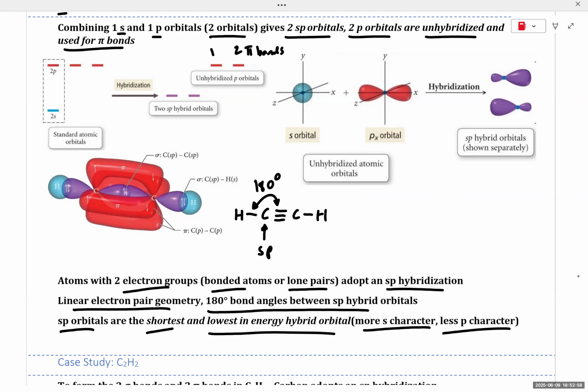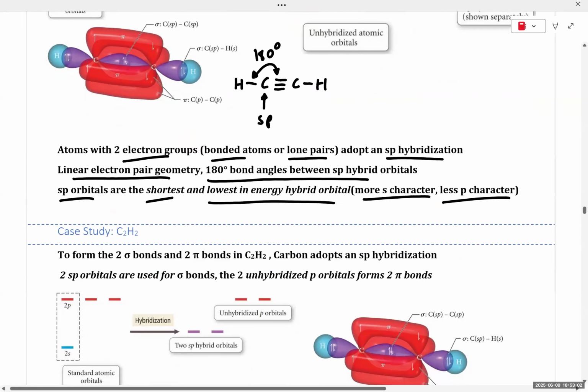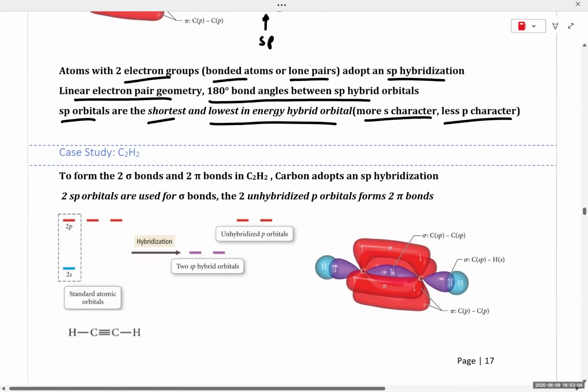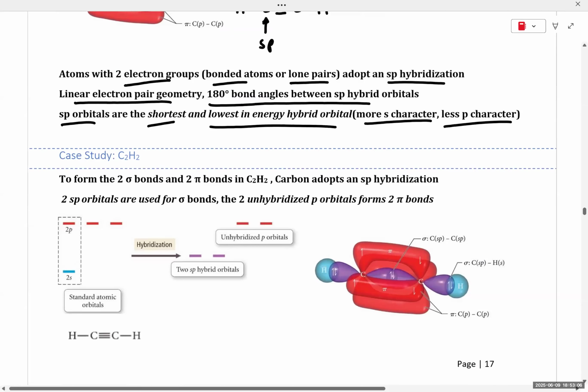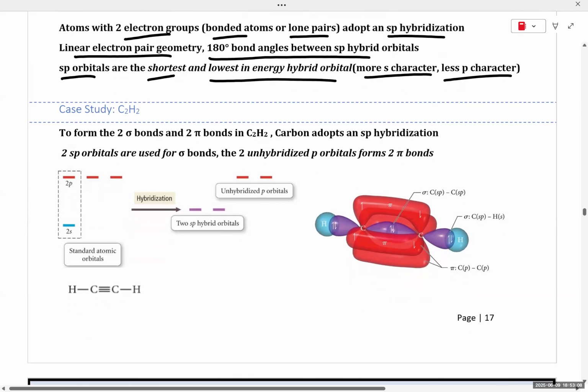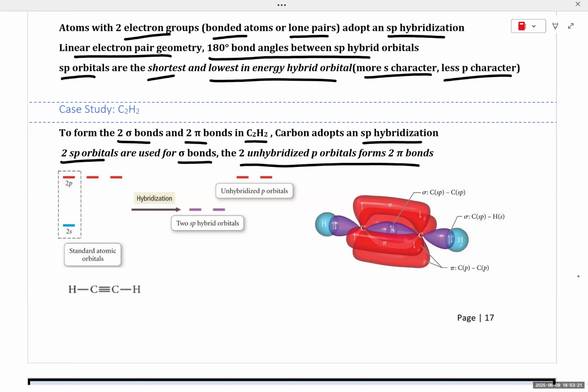Let's unpack the sp hybridization a little bit more with a case study. This time we're going to be looking at acetylene, C2H2. So in order to form the two sigma bonds and two pi bonds in acetylene, carbon adopts an sp hybridization. Two of the sp orbitals are used for sigma bonds, and the two unhybridized p orbitals are used to form the two pi bonds.